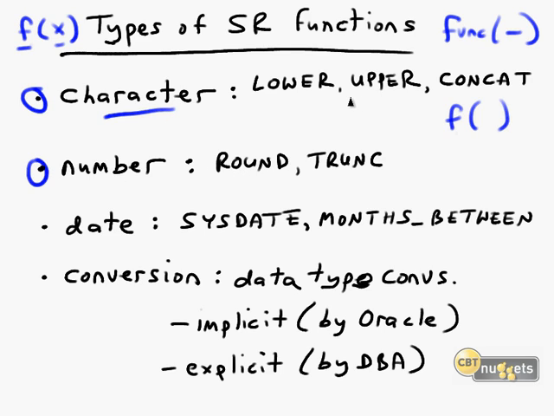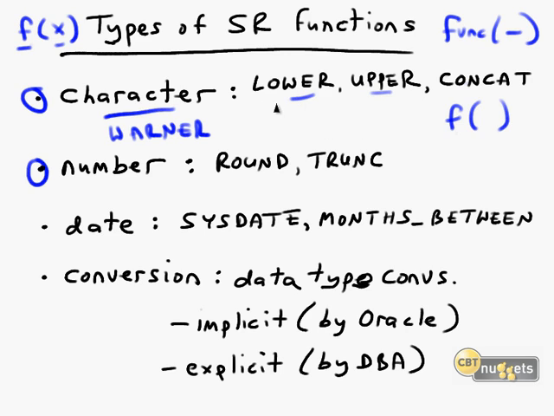Three simple examples of functions that we're going to look at, all three in the upcoming demo, are lower, upper, and concat. I'll give you a good example of just how simple using these functions can be. We might have last names stored in all uppercase in our base table, and we may need to take data from that table and use it elsewhere, maybe export it to a comma delimited file or for use with another line of business application.